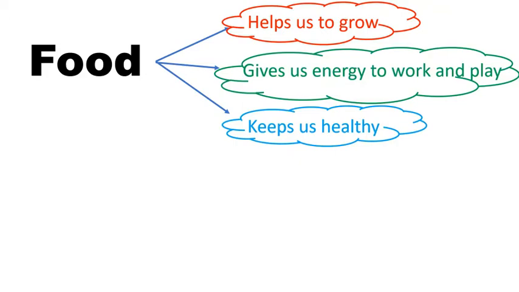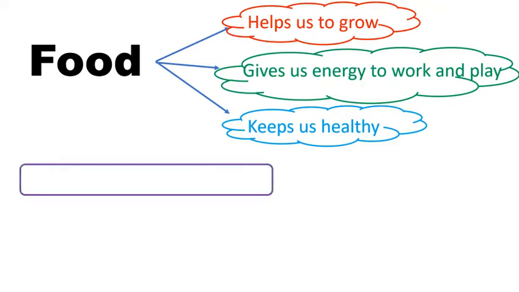Children, how many times do we eat in a day? Yes, 3 or 4 times in a day, right? Yes, the food which is eaten in the morning is called as breakfast. Very good.